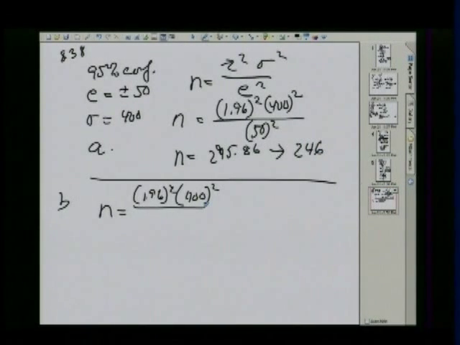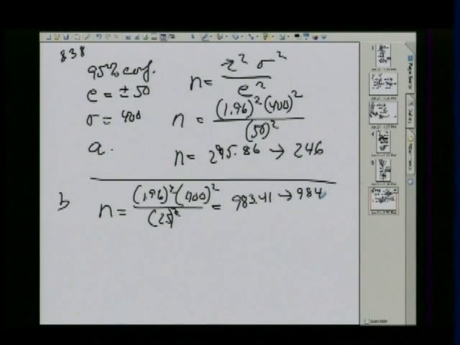Instead of 50 squared, I now have 25 squared. Okay, so when I work those numbers out, it's kind of interesting how the answer comes out, because the result that I get now, instead of being 246, is 983.41, which I can round up to 984.